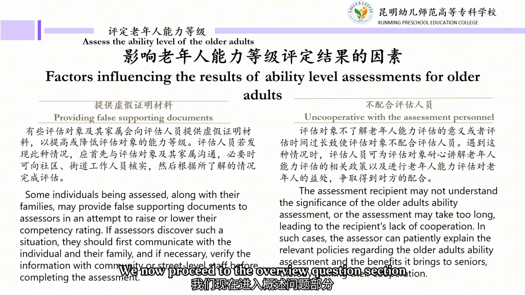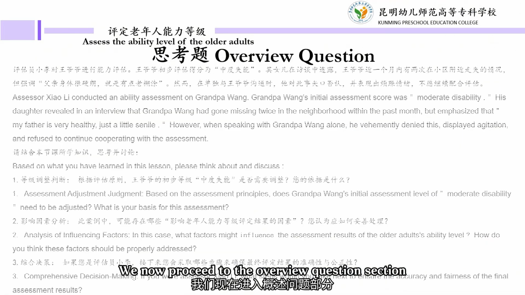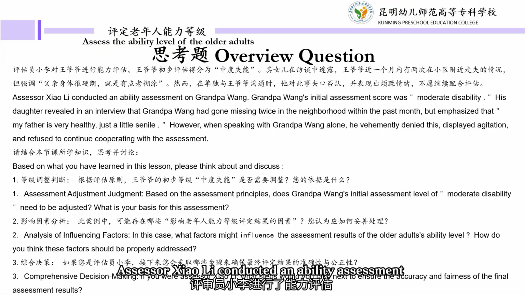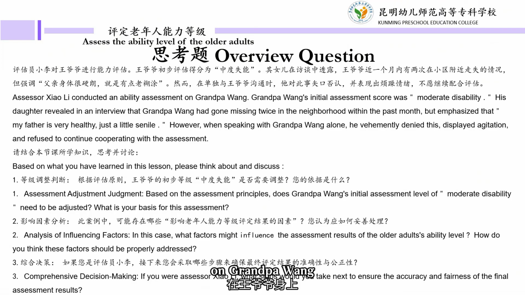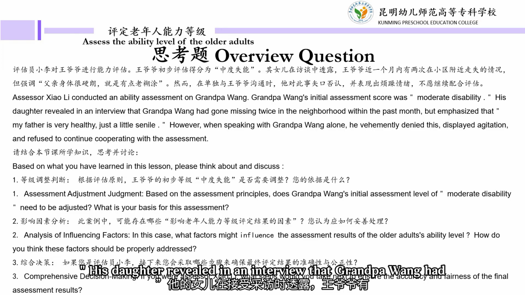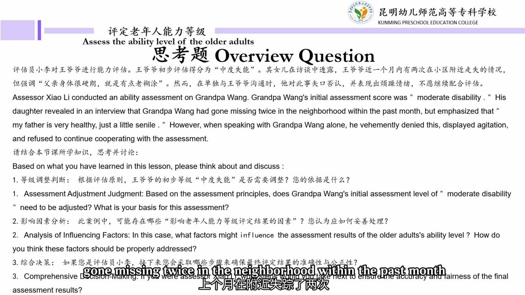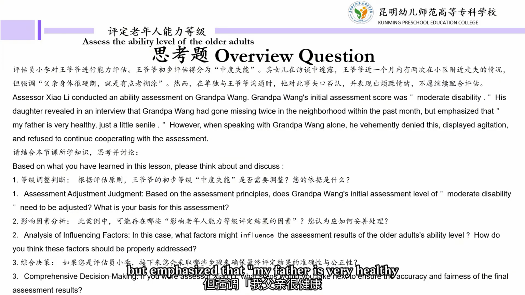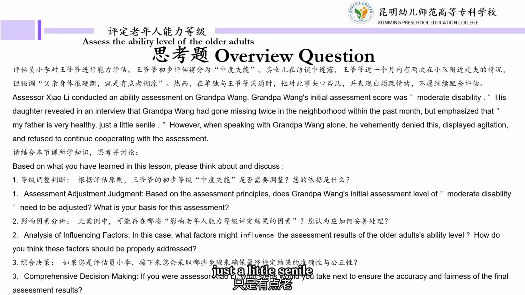We now proceed to the overview question section. Assessor Xiao Li conducted an ability assessment on Grandpa Wang. Grandpa Wang's initial assessment score was moderate disability. His daughter revealed in an interview that Grandpa Wang had gone missing twice in the neighborhood within the past month, but emphasized that my father is very healthy, just a little senile.